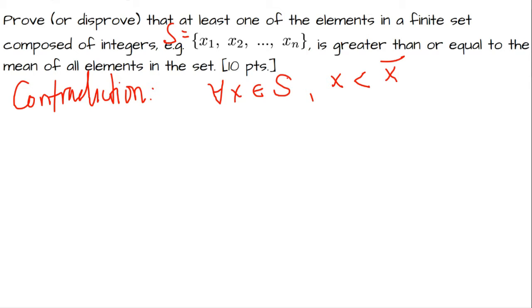Given this assumption, x sub 1 will be less than your mean, x sub 2 will be less than your mean, and so on until the last element, x sub n, which will be less than your mean.